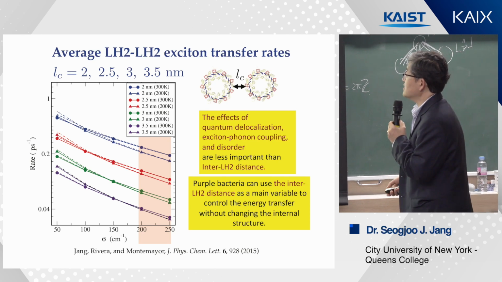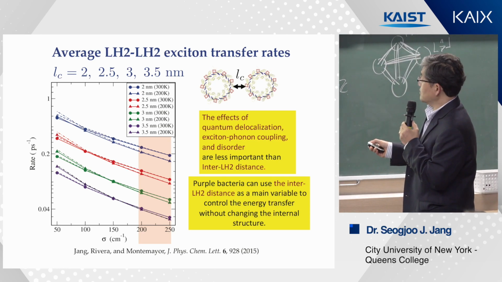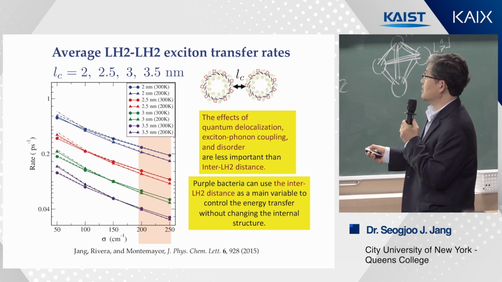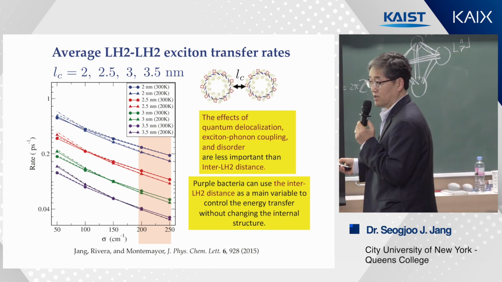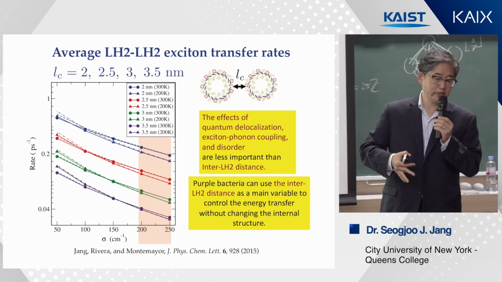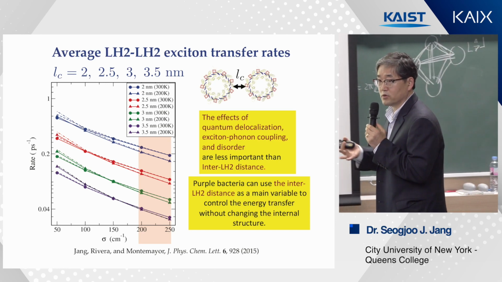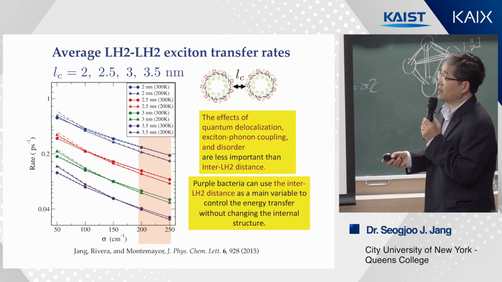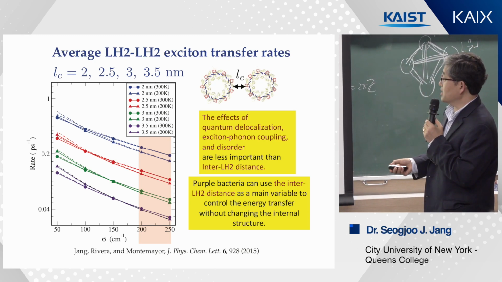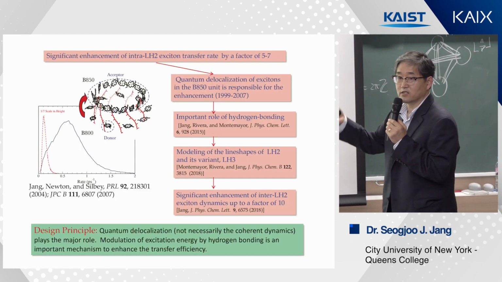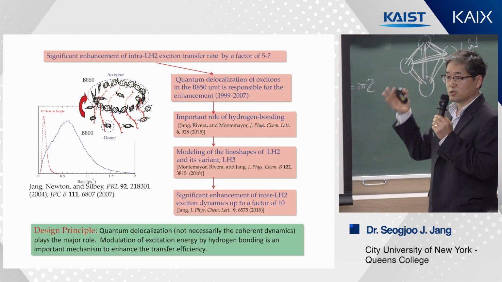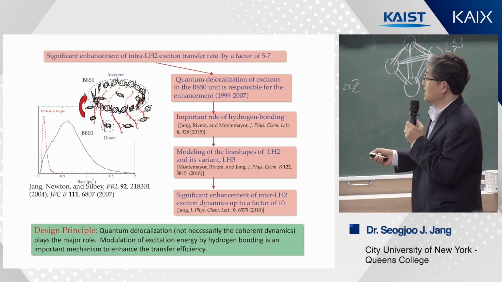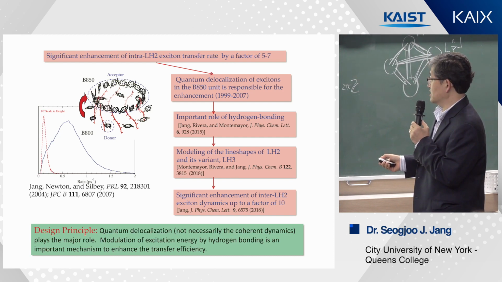What we find is that the effects of quantum delocalization, exciton-phonon coupling and disorder are less important than the inter-LH2 distances. They are more intrinsic, and they are surely important for determining the rate, but they are more internal properties. What really serves as the main knob of the exciton transport rate is the inter-LH2 distance.